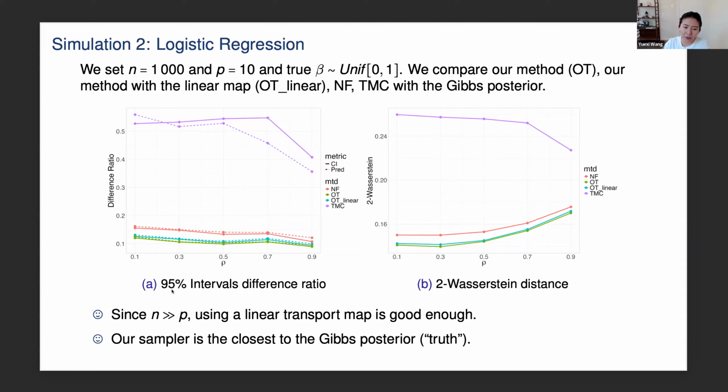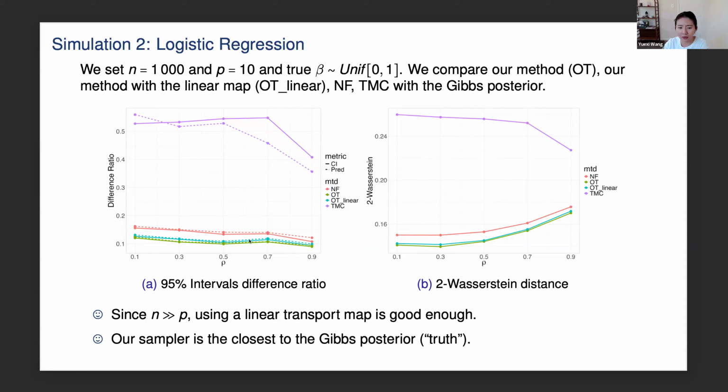The first one is we want to compare the 95% intervals. And we include 2 types of intervals, the credible intervals and the predictive intervals. So the solid one is the credible intervals, and the dashed one is the predictive intervals. And for this plot, you observe that even though it's in the large sample regime, using a linear transform map, the blue ones, the result is already good enough.